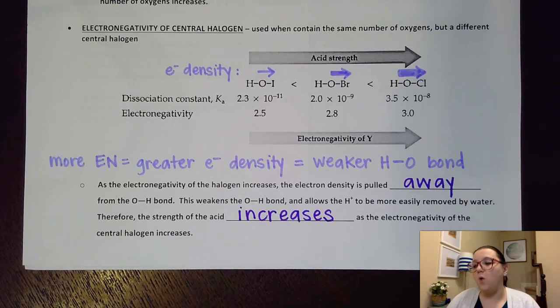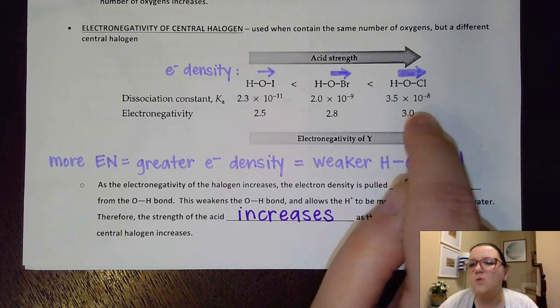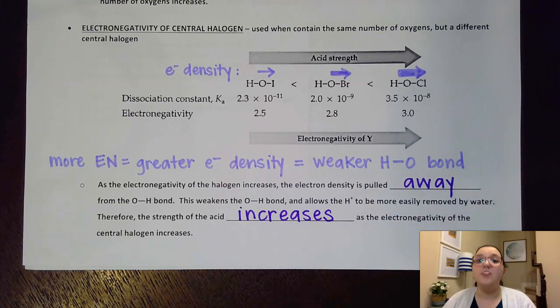So this is the reason why chloric and perchloric are strong, but then bromic and perbromic are not, or iodic and periodic are not, because that chlorine is so much more electronegative that it pulls at those electrons more, creating that higher electron density, which means we end up getting a stronger acid out of the deal.